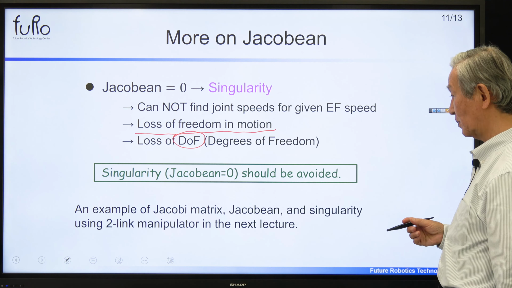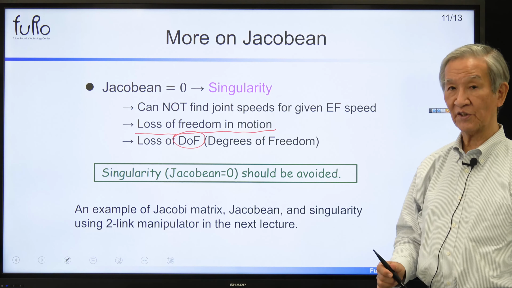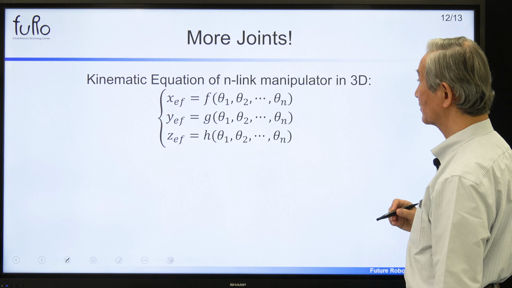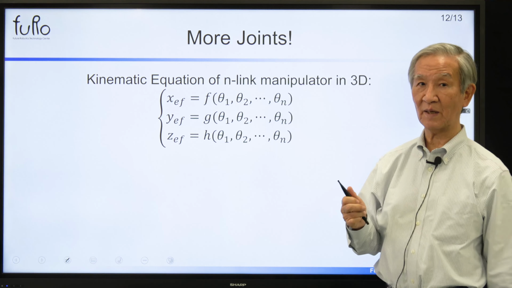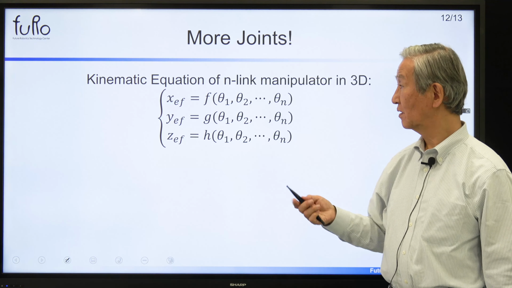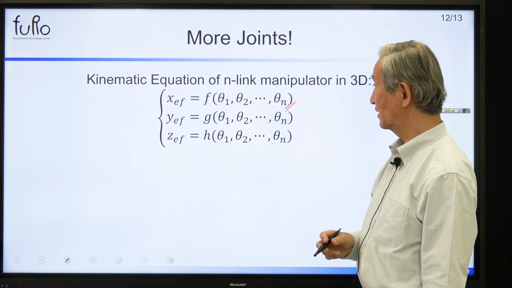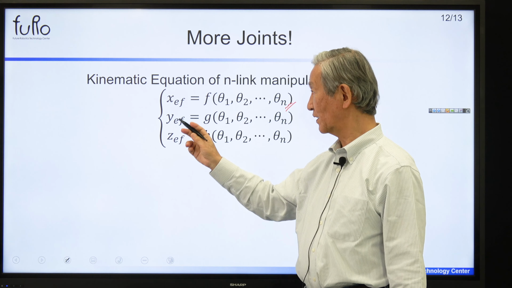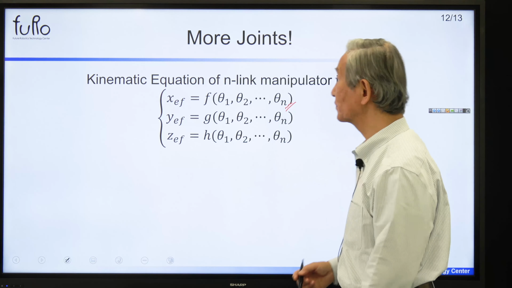An example of Jacobi matrix, Jacobian and singularity using a two-link manipulator will come in the next lecture. Next lecture, I will show you that. But before that, what I want to show you is what kind of things happen if you have more joints. We had only 2 joints, but suppose you have many joints, and I had not only x, y, but z, meaning that you are talking about 3-dimensional motion here.